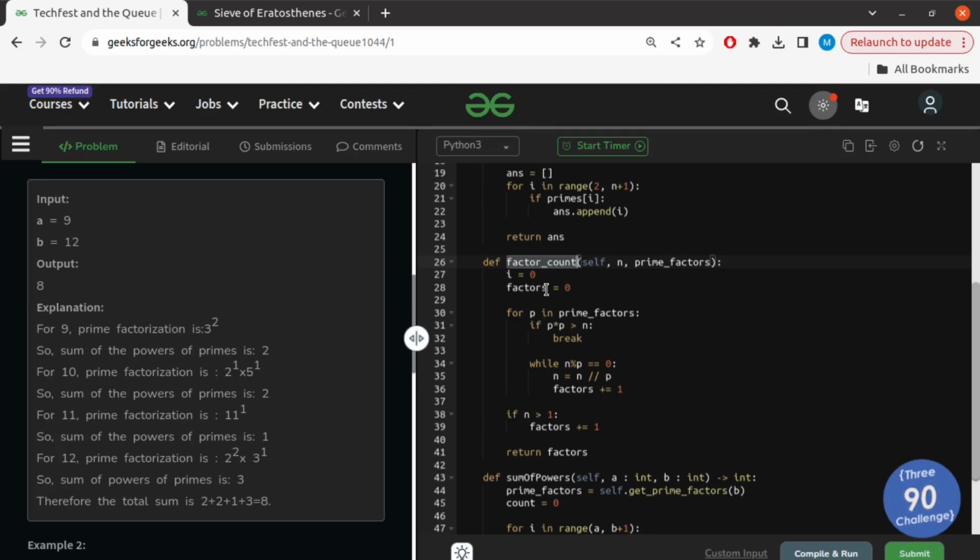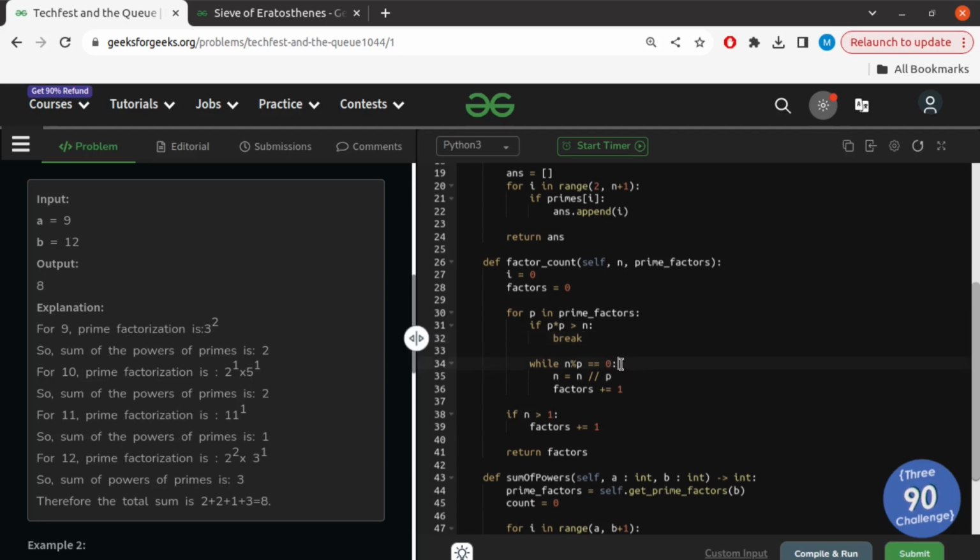The number of factors will be stored in this variable, and we go through all the prime numbers in prime factors. If the square of that is greater than n, then we will break the loop, because all the numbers beyond this point will not be a prime factor. We are sure of it. That is why we are breaking this loop.